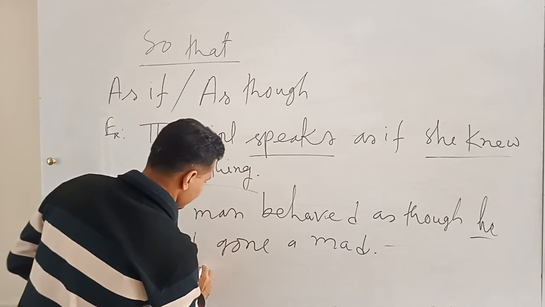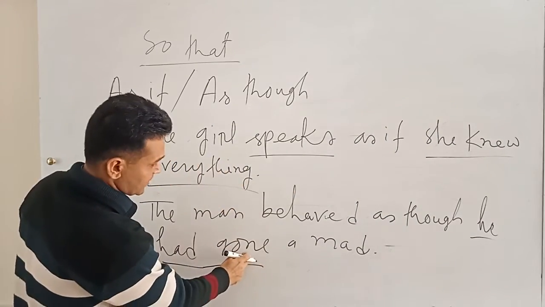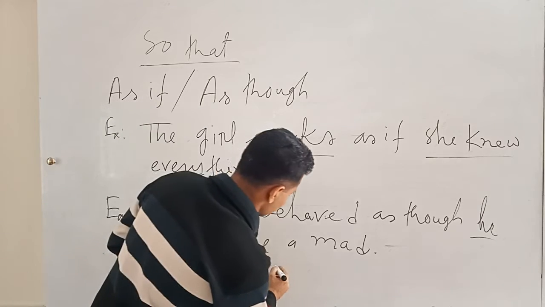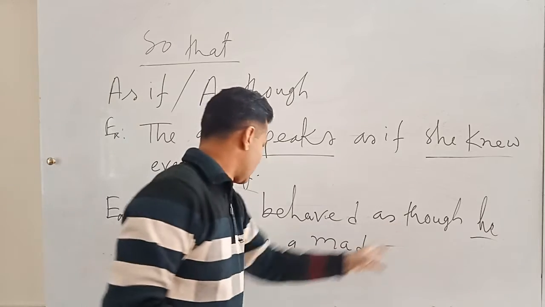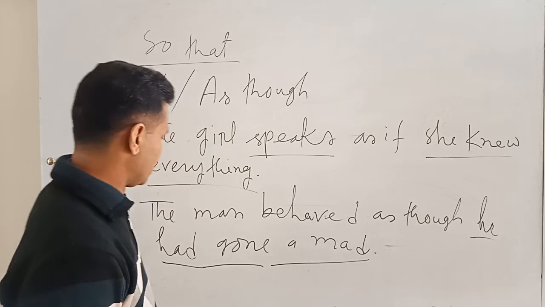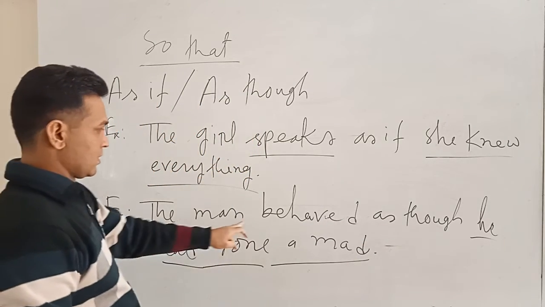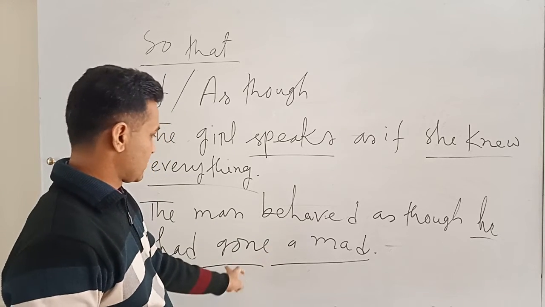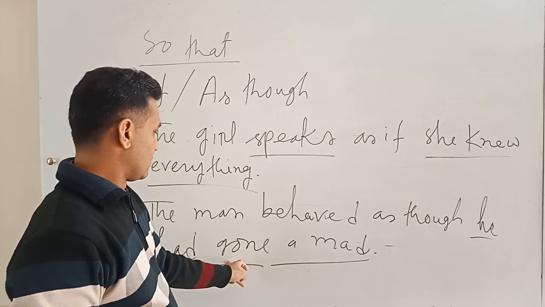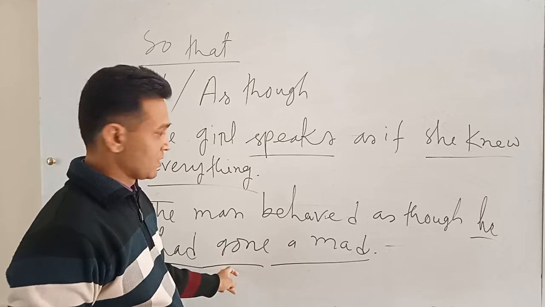Subject, had, the past participle form of the principal verb or main verb, then object. So, as though he had gone and met. So if the subordinate clause is in past indefinite tense, then the principal clause will be in past perfect tense, of course.